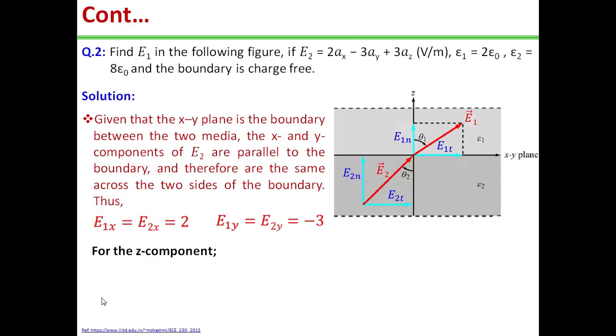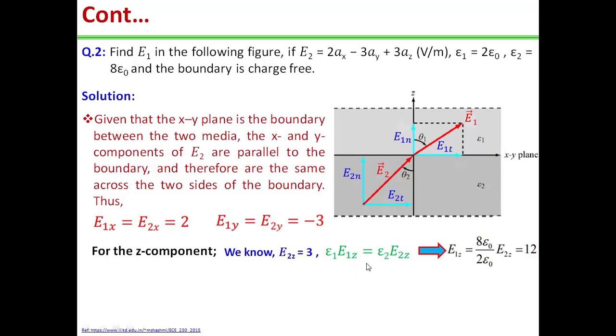So now what will be the z component? We know that the normal component of electric flux density at the boundary will be continuous. From the question, the electric field component of 2 is given as 3. But according to the boundary condition, the electric flux density is continuous.